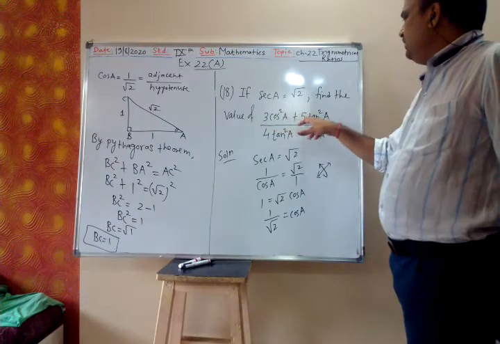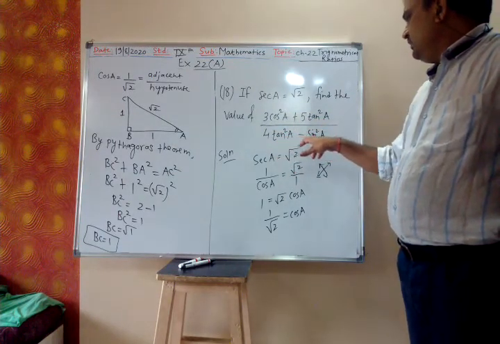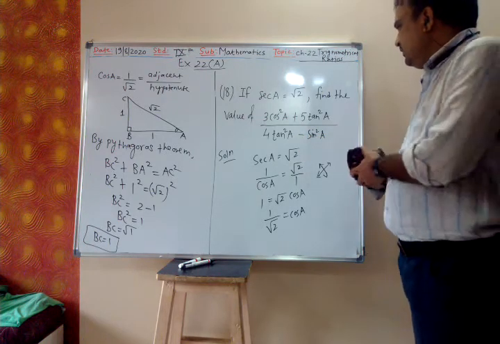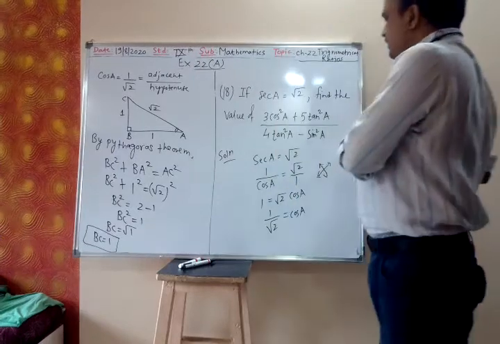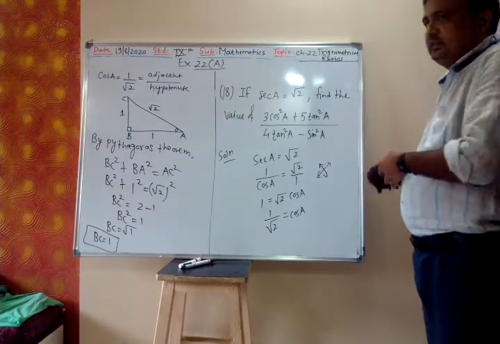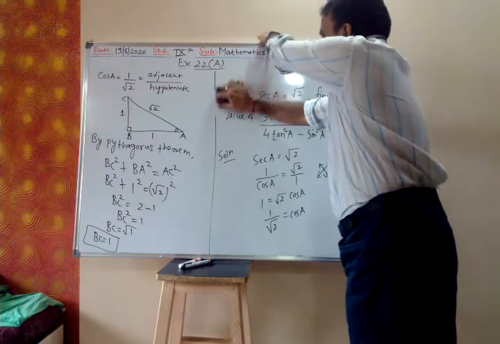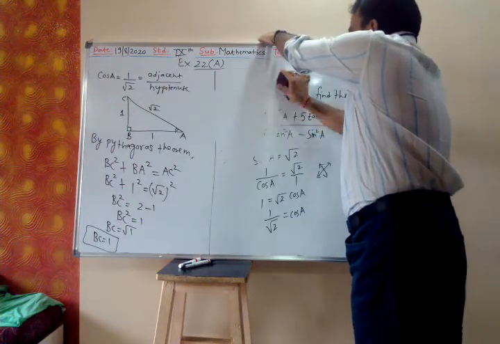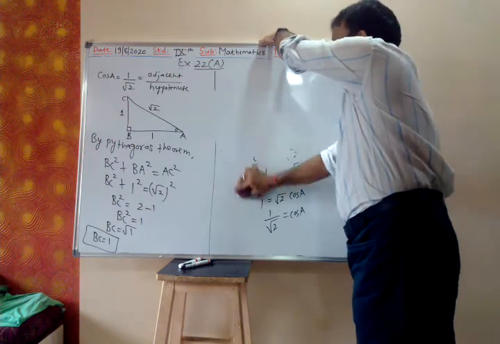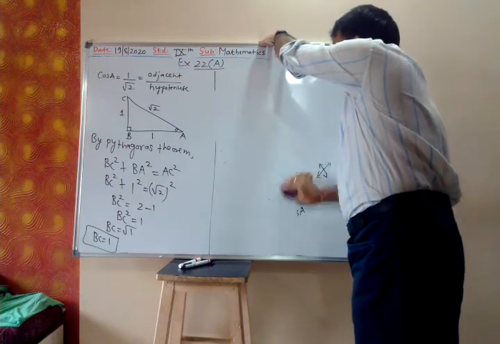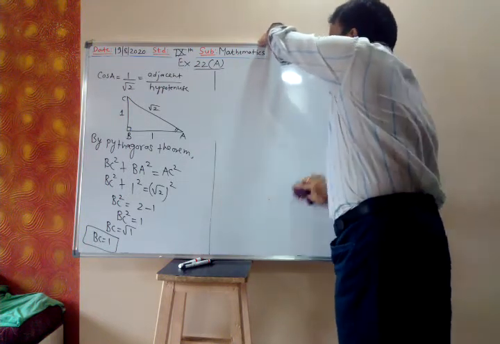Now we want to find this value: 3 cos A, 5 tan A, then sin A, tan A. So now we find cos A, sin A and tan A. Now from this diagram we find sin A, cos A, tan A. Cos A already we have, 1 upon root 2.